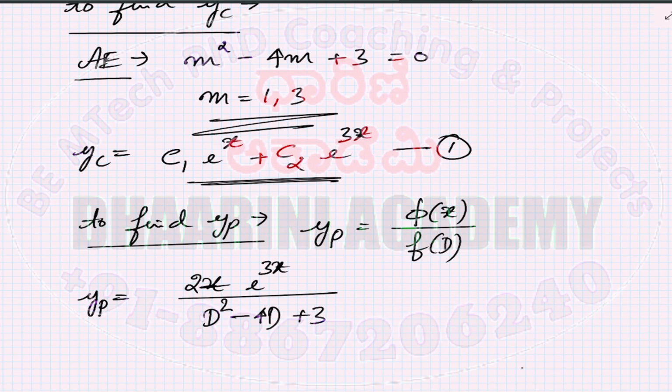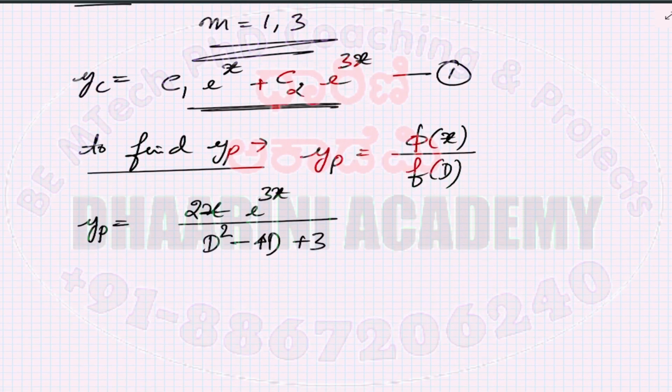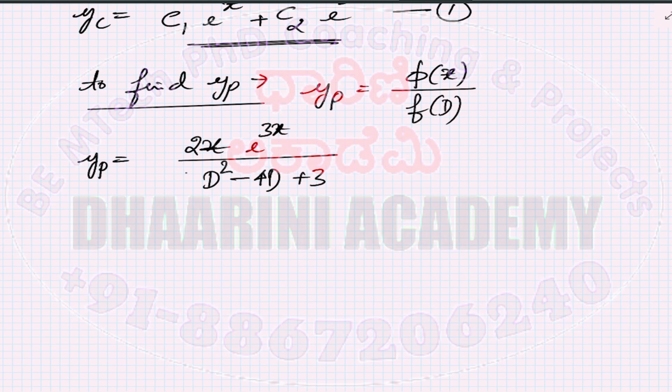Okay, so this means I can see that the given function is of type 4. So every D needs to be replaced by D plus 3. So this becomes equal to, we'll write the 2 into e to the 3x separately.